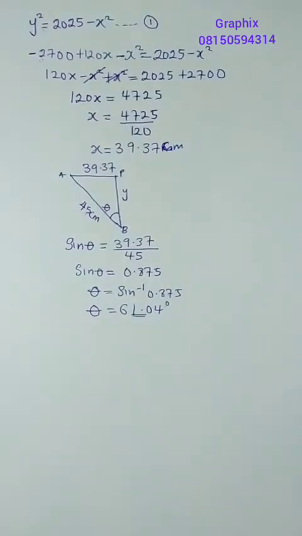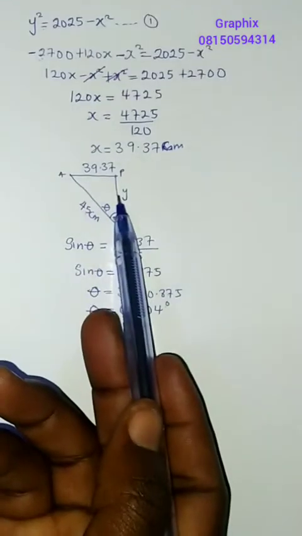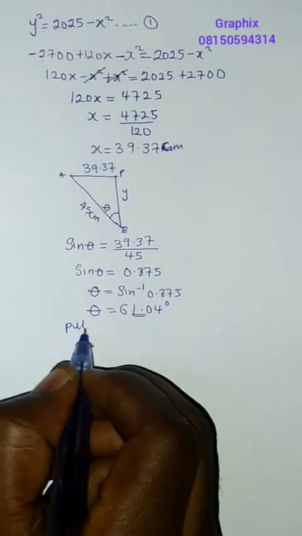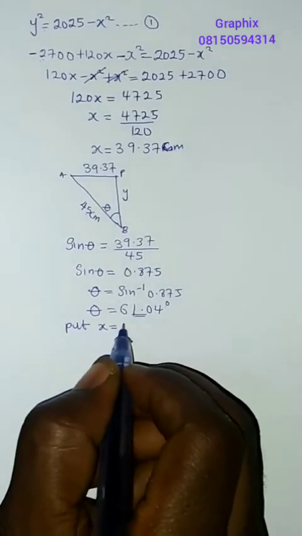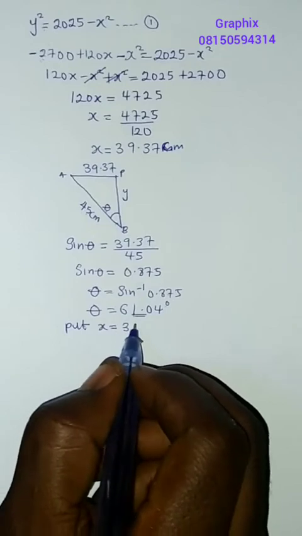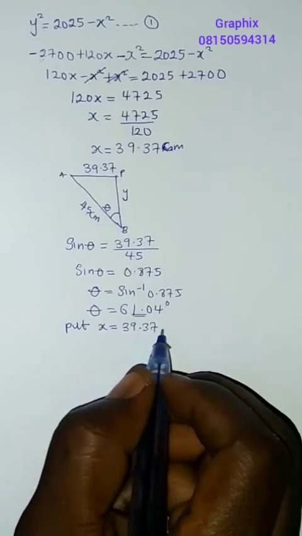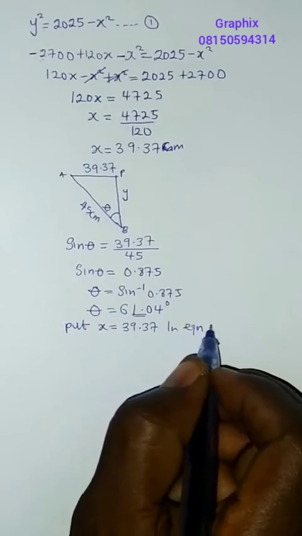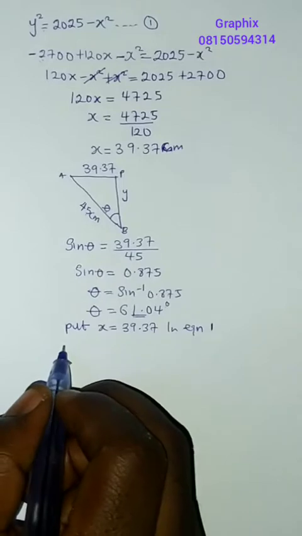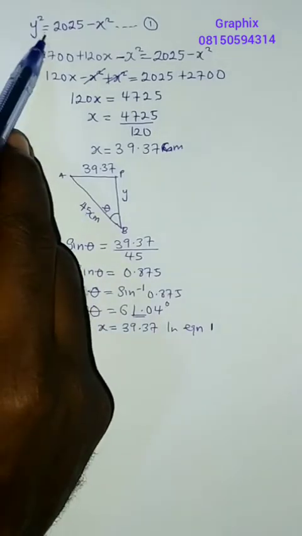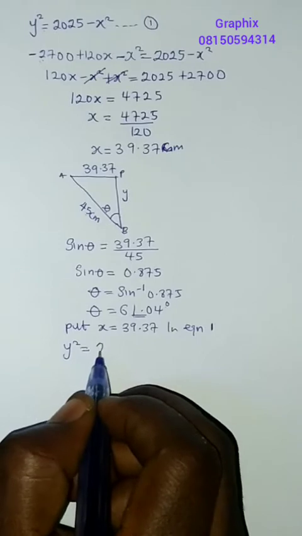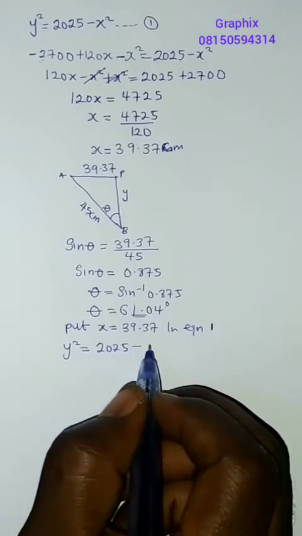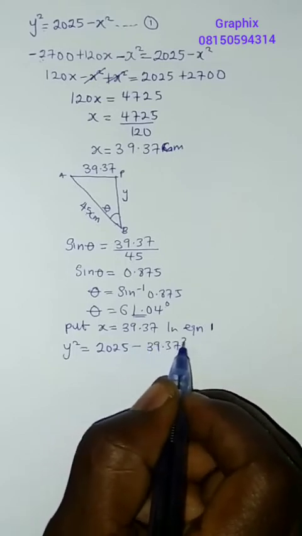How good. Also, I can calculate my y. I already have x, so I put my x here. If you put x equals to 39.37 in equation 1, we'll be having y squared equals to 2025 minus, instead of x squared, I'll put 39.37 all squared.